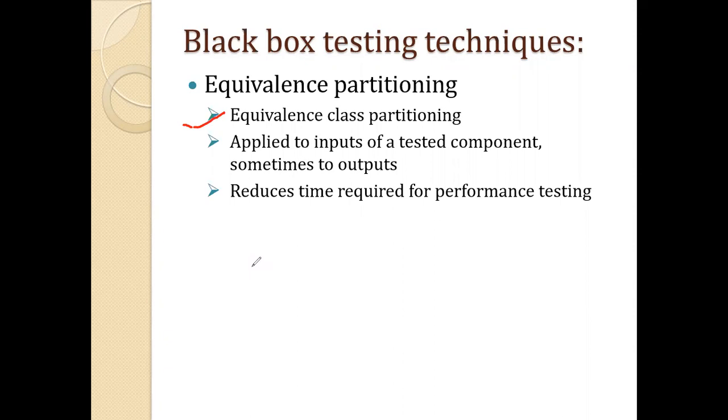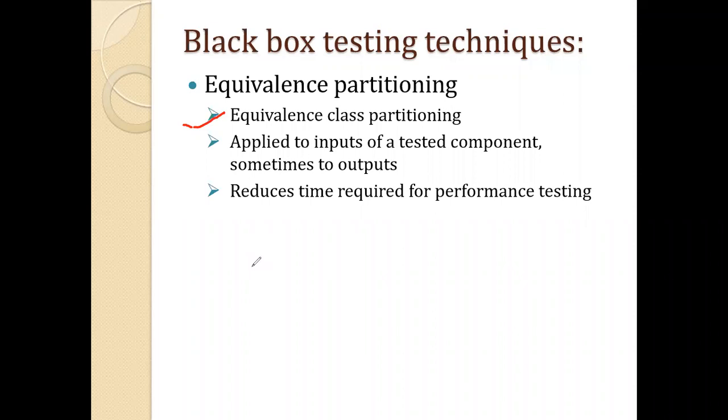An advantage of this approach is that it reduces the time required for performing the testing of the software, due to fewer test cases. How that happens, we are going to see in the example. It helps to reduce the total number of test cases from infinite to finite. The selected test cases will be checked by the testing team.